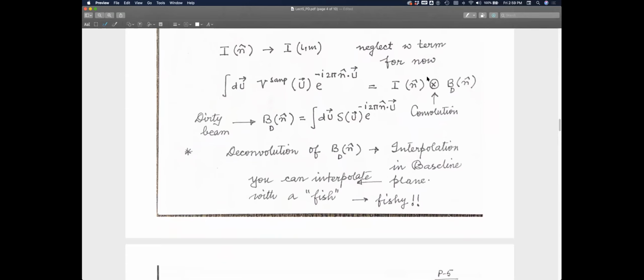Now, as Poonam also pointed out earlier, you don't have measurements at all the baseline plane or baseline grid. I should say baseline grid because it's really U, V, and W. It's a three-dimensional entity. I don't have measurements everywhere there. Where I don't have measurement, I have zero measurements.